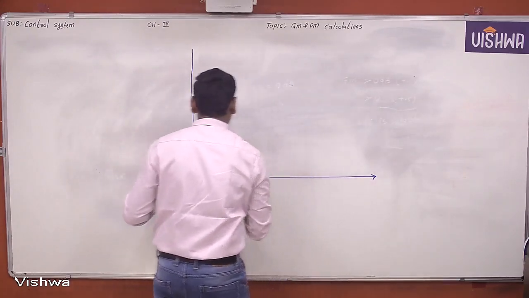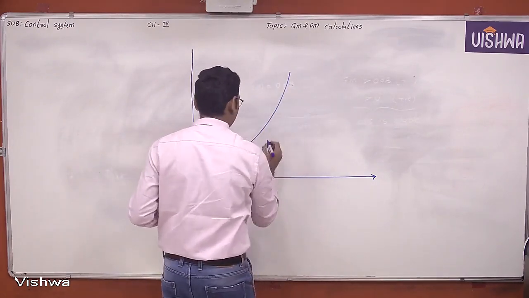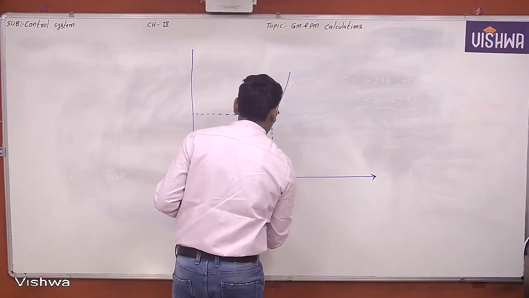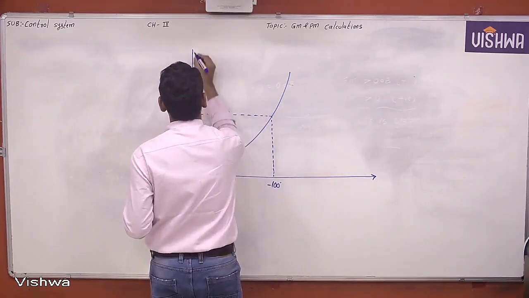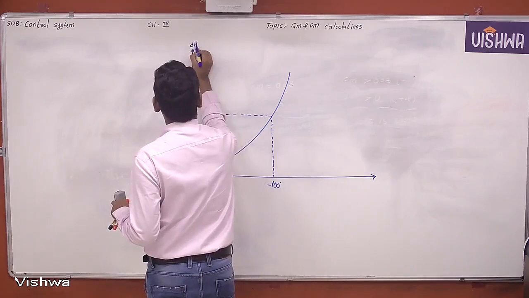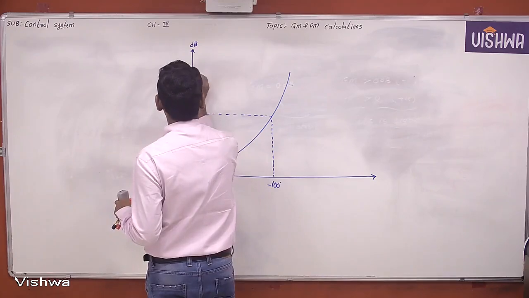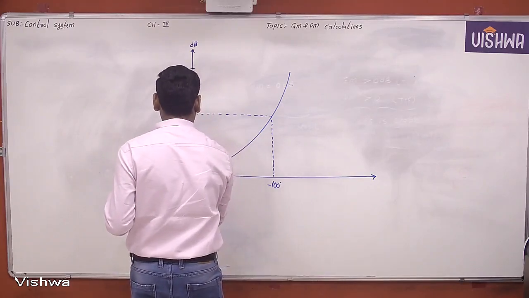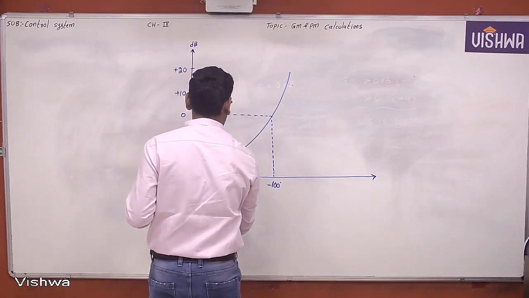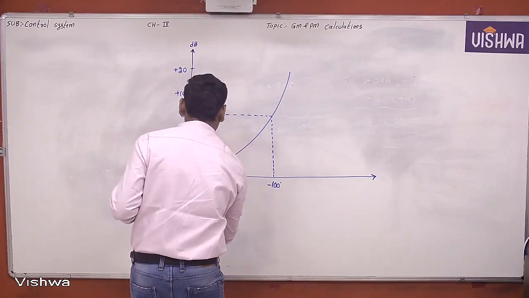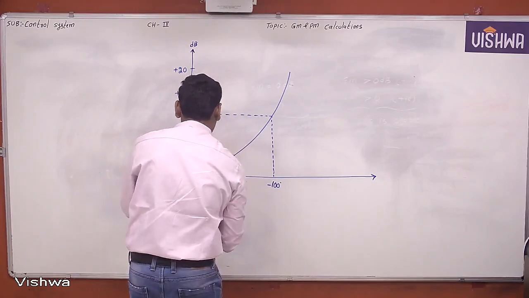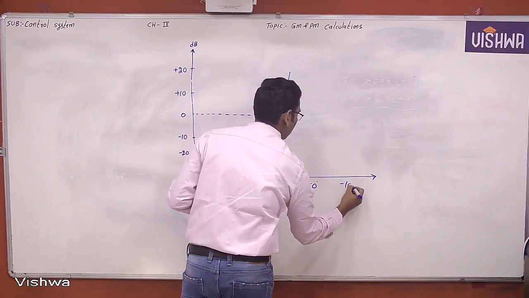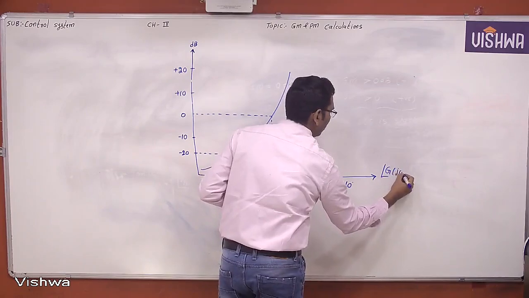This is one plot which is given to you. Now with this example, I hope you can easily understand.